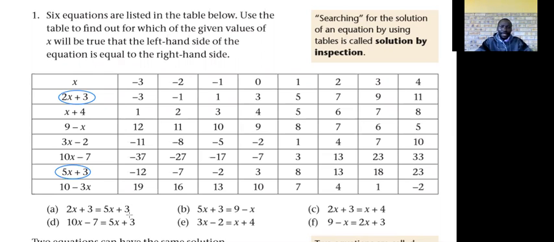Inspection method here means we have to look for the value of x which would make the solution here the same as that. Let's see which value of x would make one value here equal to that. So we check, this is -3, this is -12. They're not the same.